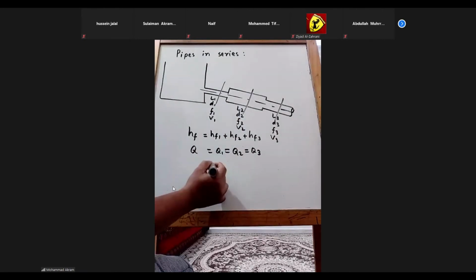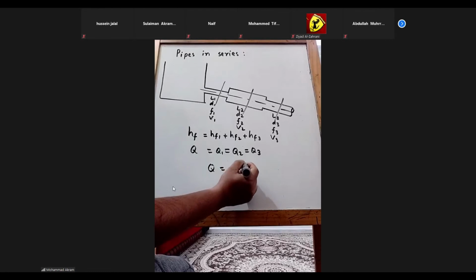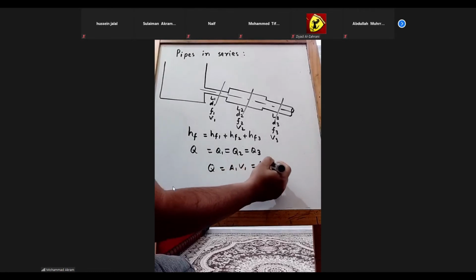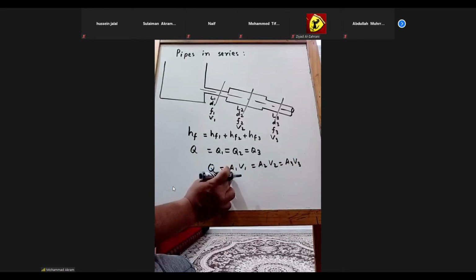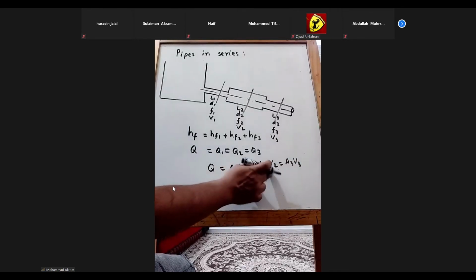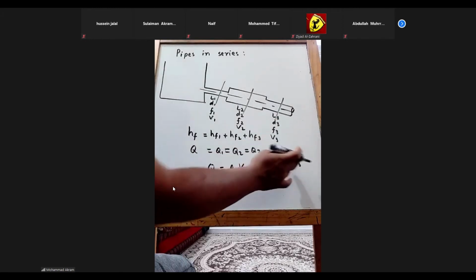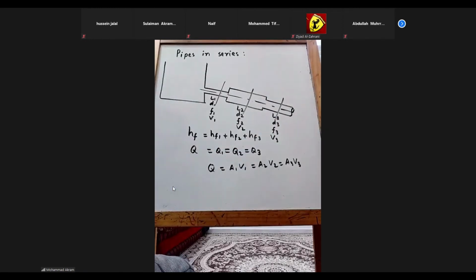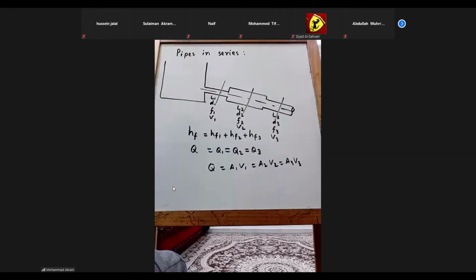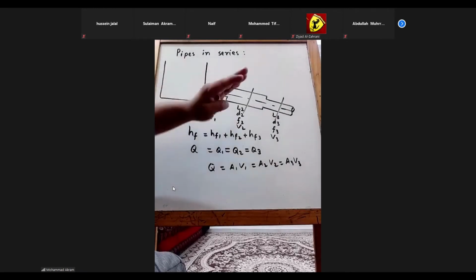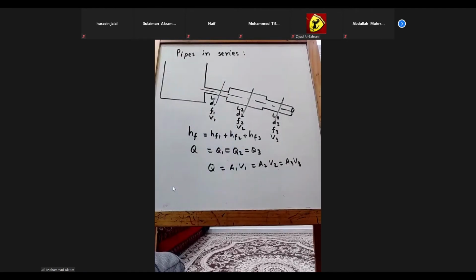See, Q is equal to A1 V1, equal to A2 V2, equal to A3 V3. So if area is increasing, then velocity will decrease. If area is decreasing, velocity will increase, but their products are going to be the same. So the discharge is the same at any location.